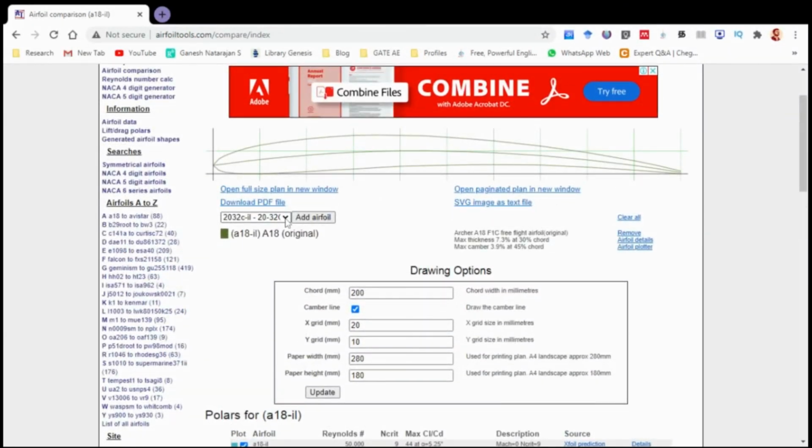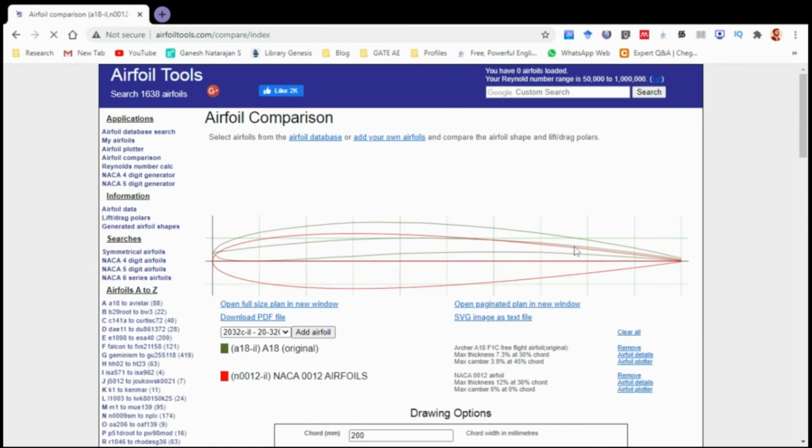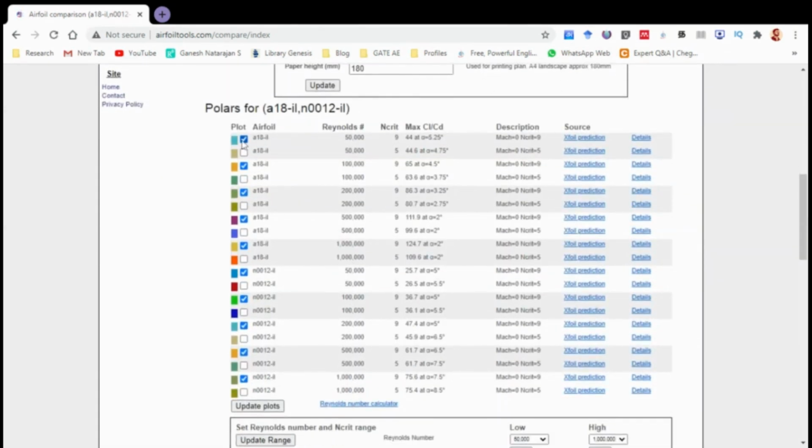Now when I wish to compare these two, there is a symmetric airfoil and a NACA cambered airfoil. So here I am adding the symmetric airfoil which we referred to earlier. Now there are two airfoils. The red one is a symmetric airfoil and the green one is a cambered airfoil.